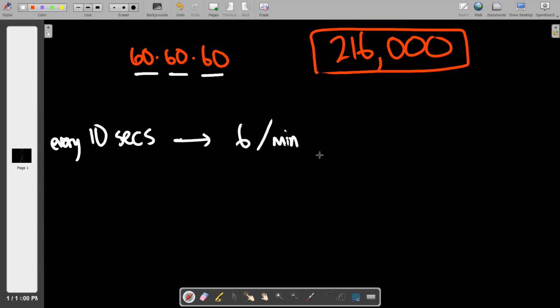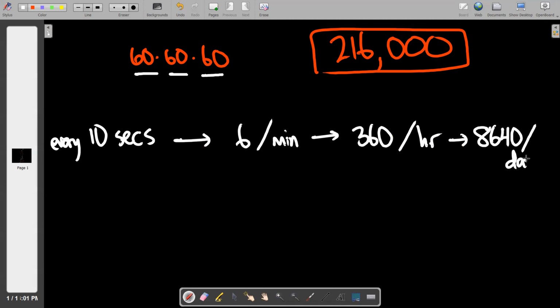And if you can do 6 every minute and you multiply that by 60, since there's 60 minutes in an hour, then that implies that you can do 360 per hour. And of course, there's 24 hours in a day, so you would multiply that by 24, and you would figure out that Barney can guess, if he stays on task and doesn't get arrested or whatever, 8,640 combinations per day.